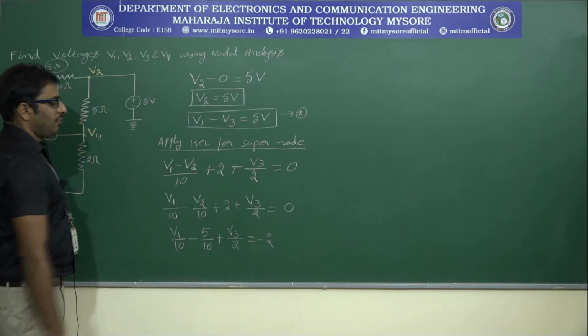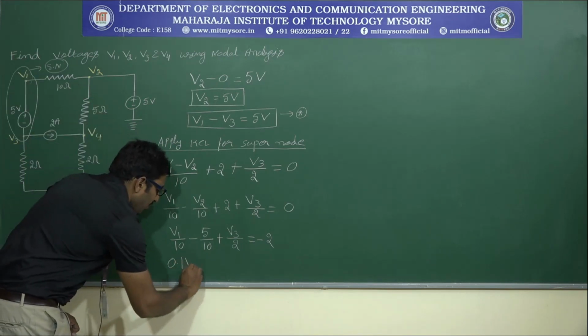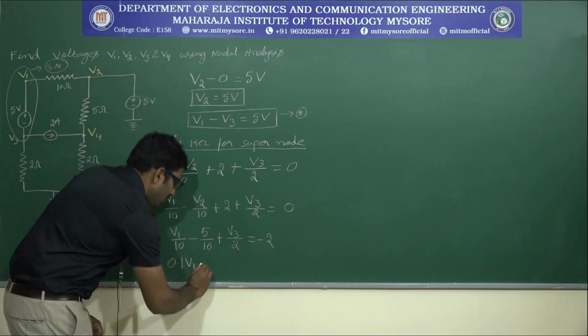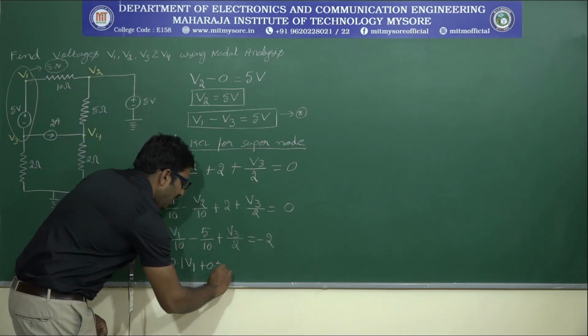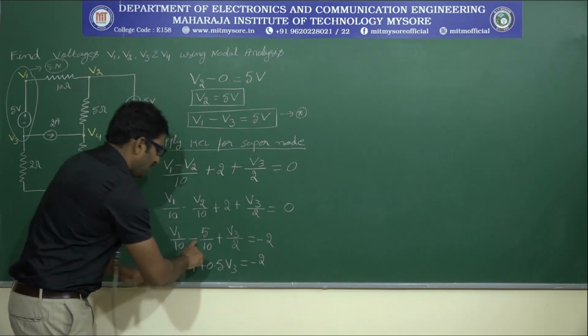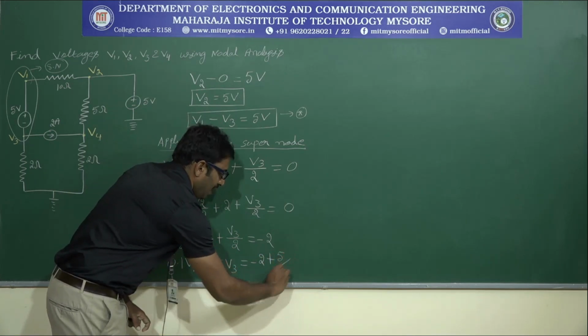Next, what is V1 by 10? 0.1 V1. Next, what is 1 by 2? 0.5 V3 is equal to minus 2, shift to the right side, plus 5 by 10.